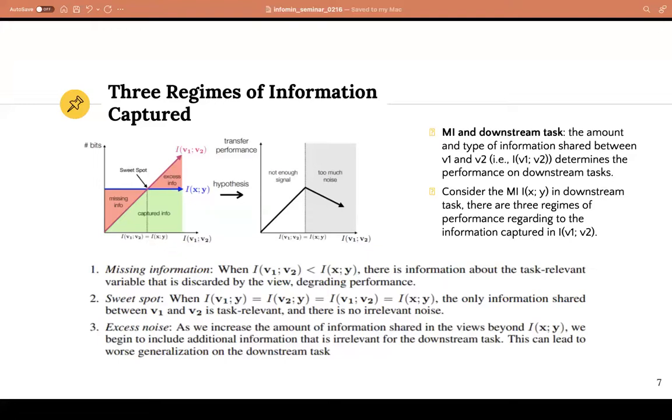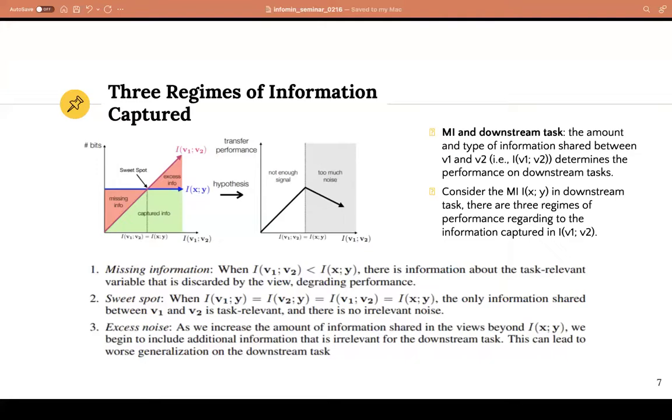That's the three regimes. Remember that here it is just a hypothesis. We need to verify this. But based on this, we get the right graph here, like a reverse U-shaped curve. That's how the mutual information affects the performance on the downstream task.